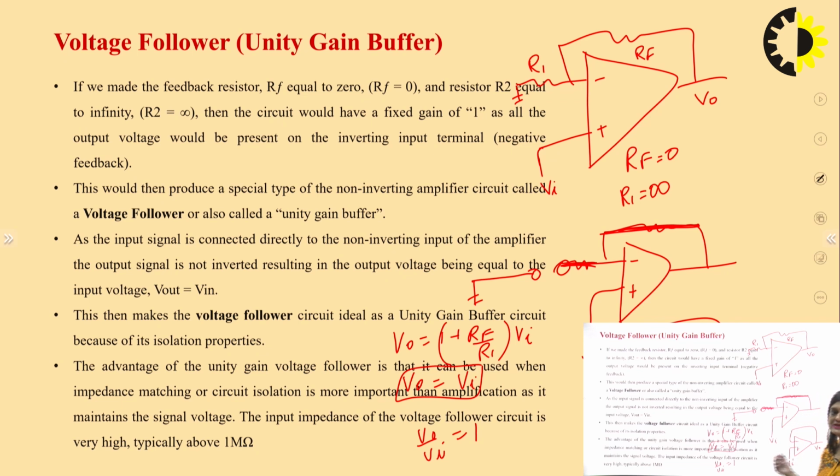This circuit is also called a voltage follower because the output voltage follows the input voltage, and the gain of the output voltage to input voltage is 1. That's why it is called the unity gain follower and the voltage follower. So we can see here the output and the input voltage are both the same.